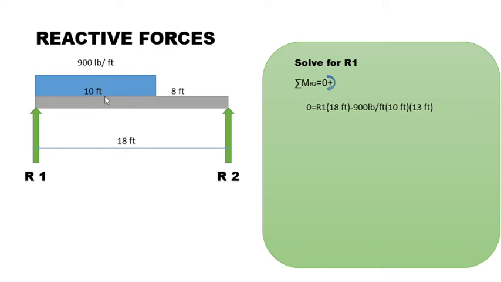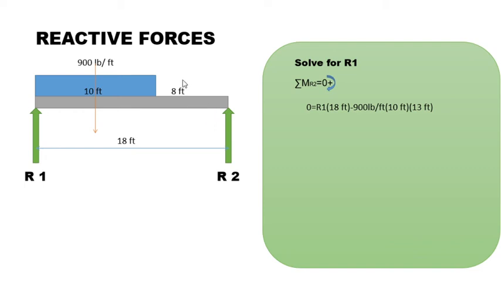We're going to cancel feet this time, times the distance. So why does it become 13? It is because the distance of the uniformly distributed load is the center, or the middle of the uniformly distributed load. Since we have a 10 feet span of uniformly distributed load, the middle is 5 feet.